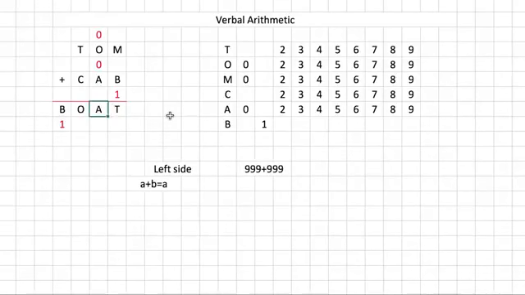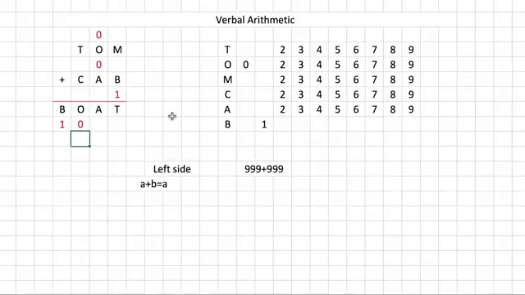So we have O as 0, then these two will not be 0, and O is here as well, so we'll put 0 here as 0, right? So that's how we solve the verbal arithmetic problems.